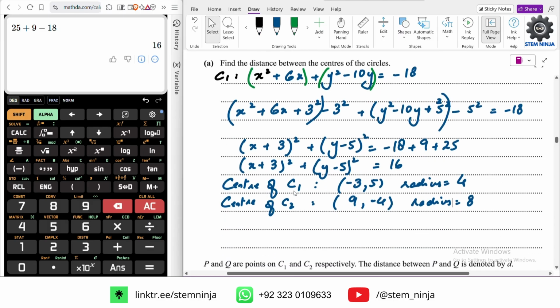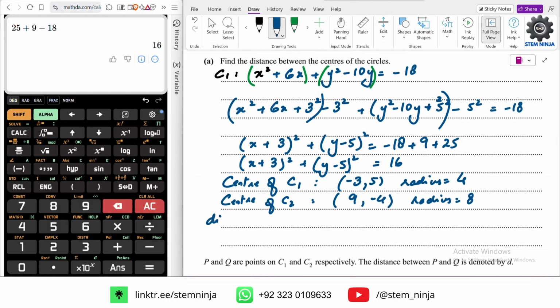Okay, we need the distance between the centers. So distance between centers is equal to the square root of x2 minus x1 whole squared plus y2 minus y1 whole squared.